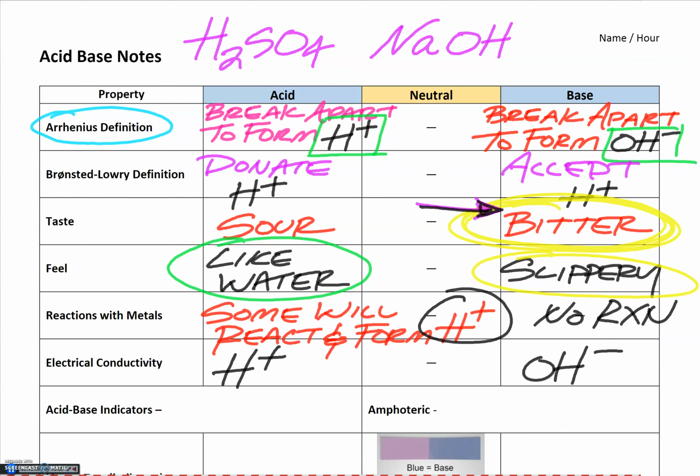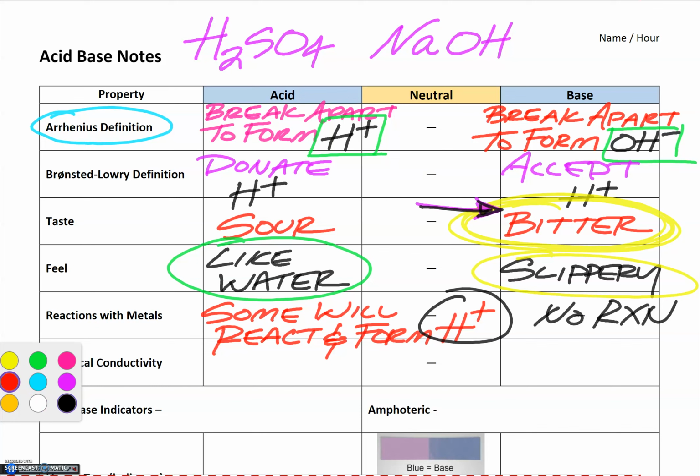So we talked about at the very beginning, what do acids do? They break apart to form hydrogen. What do bases do? They break apart to form OH. They do this in water. And so both an acid and a base are going to be able to conduct electricity. So this is not a good way to determine if you have an acid or a base.